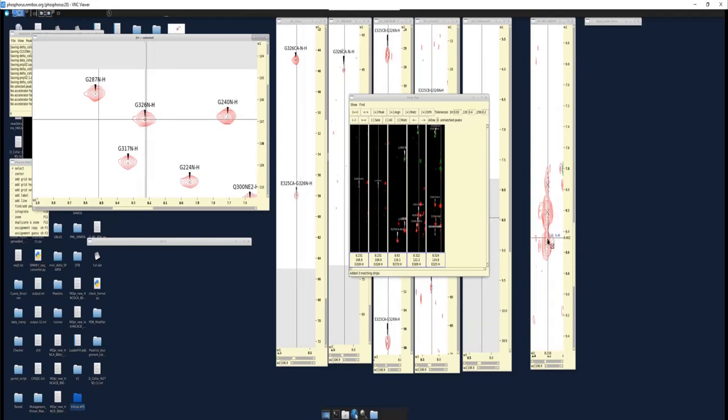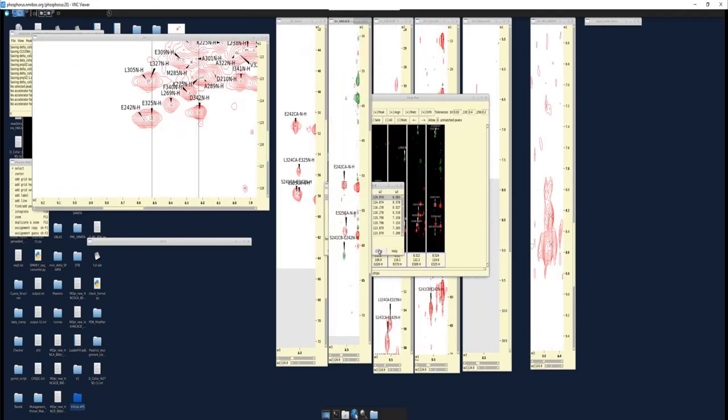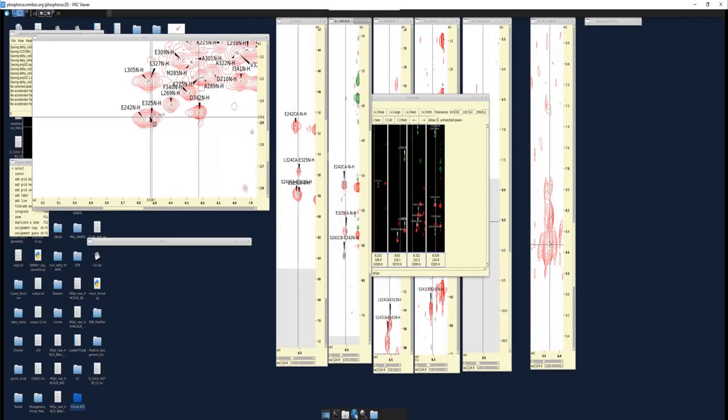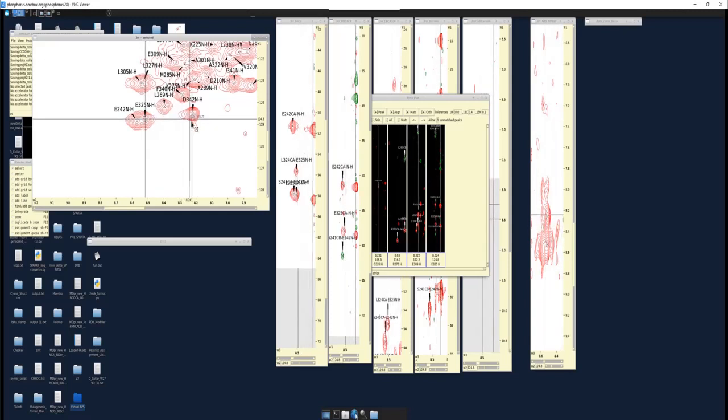If I go down in the NOESY, if I go over to where this vertical bar is, you'll see that it lines up. And if we go to our match in the strip plot that we have here, what you'll notice is if I go to where that glycine is, the proton value of the glycine matches up as well.